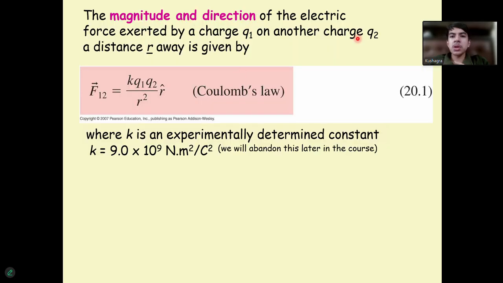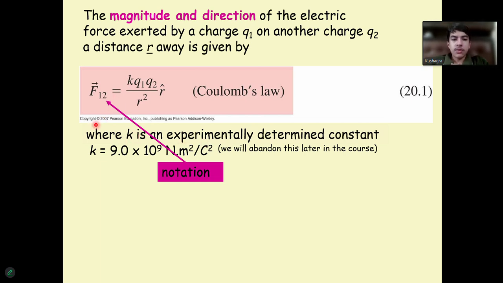So here, the magnitude and direction of the electric force exerted by the charge Q1 on another charge Q2, a distance r away, is given by F12 vector. That's Coulomb's law, given to us as F12 = k Q1 Q2 / r^2 r cap. Here, k is an experimentally determined constant. The value of k is 9.0 × 10^9 newton meter squared per coulomb squared.